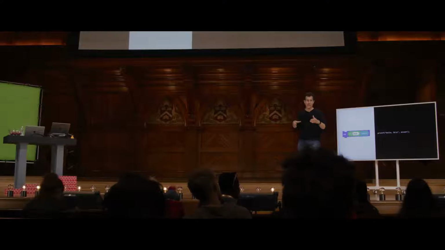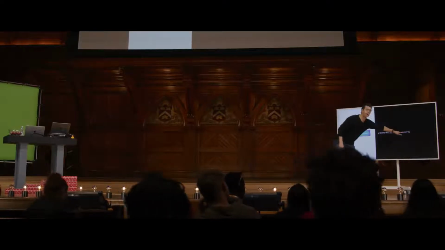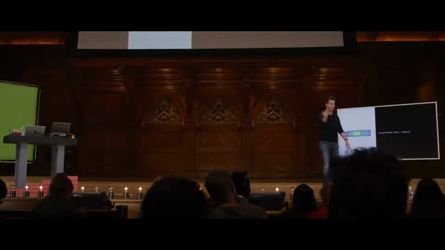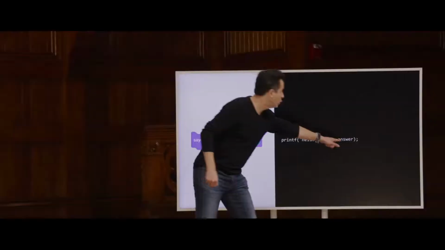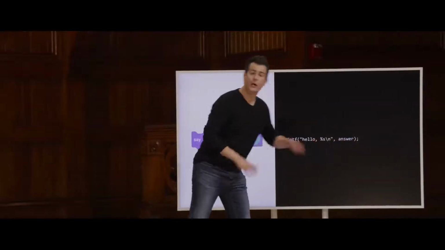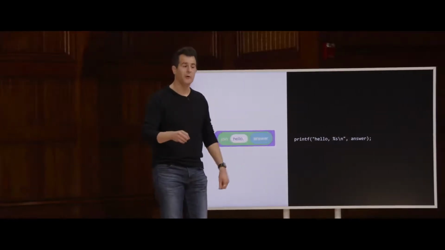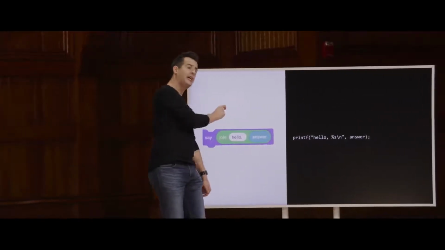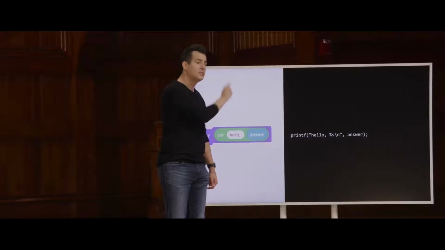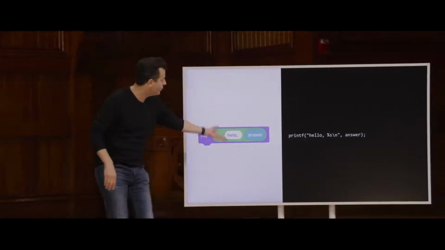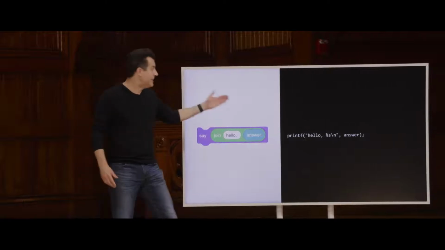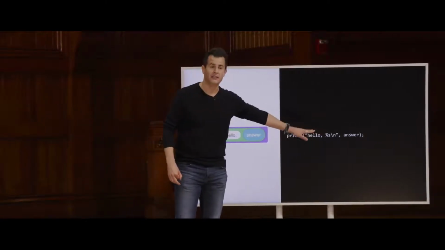If you have one %s and one additional argument after a comma, it just plugs it in. If you have two %s's and two variables after the comma, that's OK too. If you separate them with commas, it'll plug the first into the first %s and the second variable into the second %s. So it's just left to right order of operations. It's not as pretty or as simple as this, but this is how it's done in C.